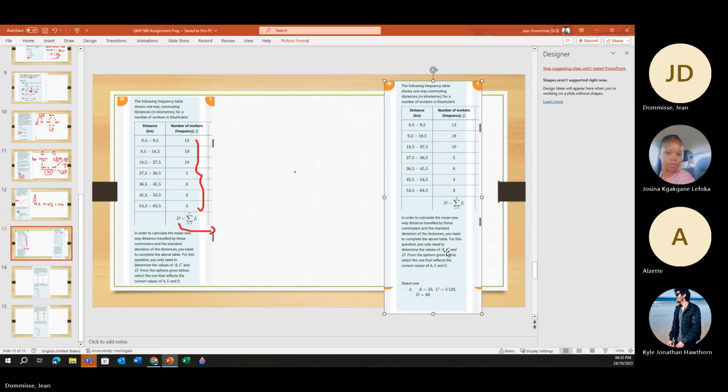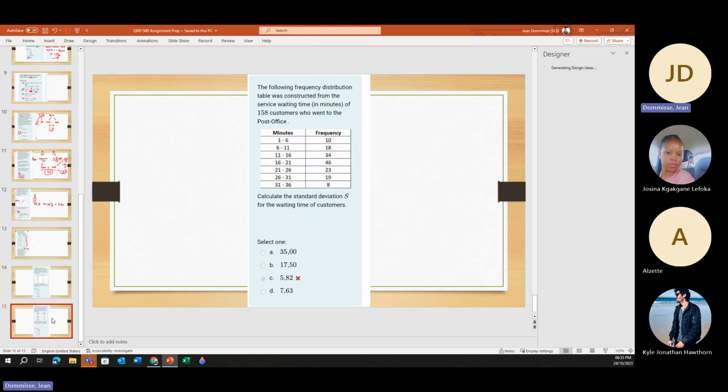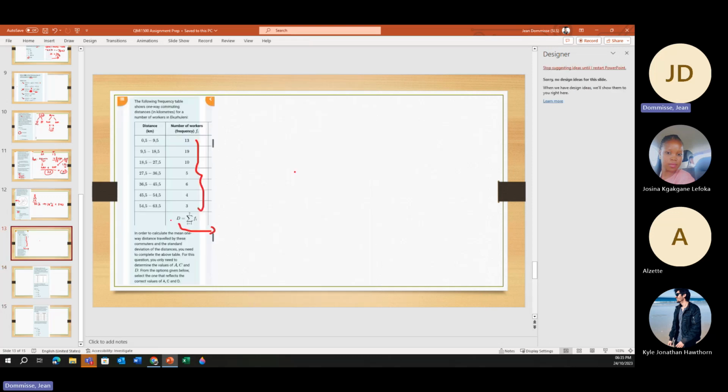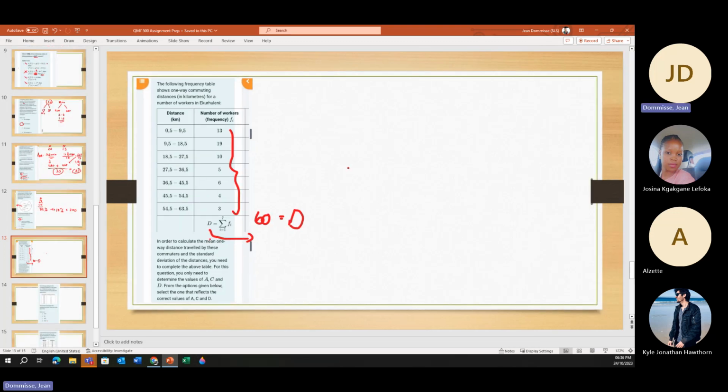Okay, so 13, 19 is 52, 50, 52, 42, 42, 47, 53, 53, so 60. So D will be 60.